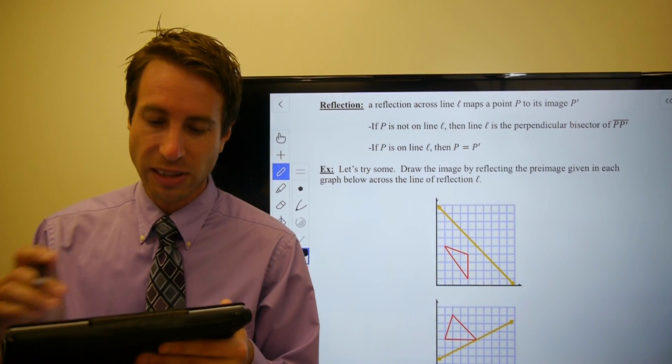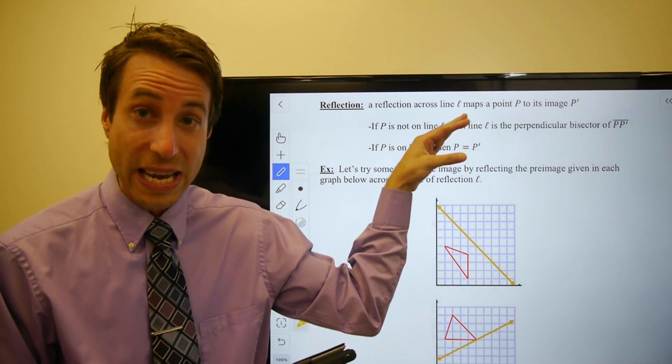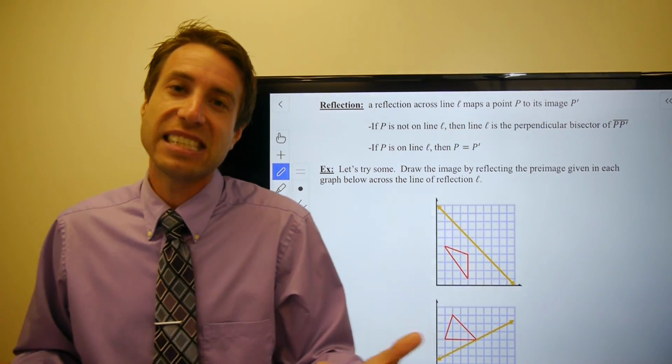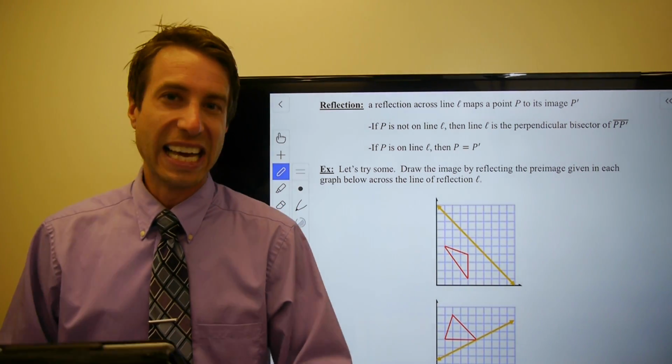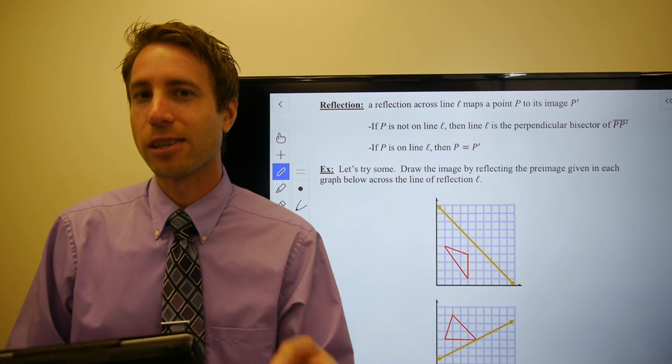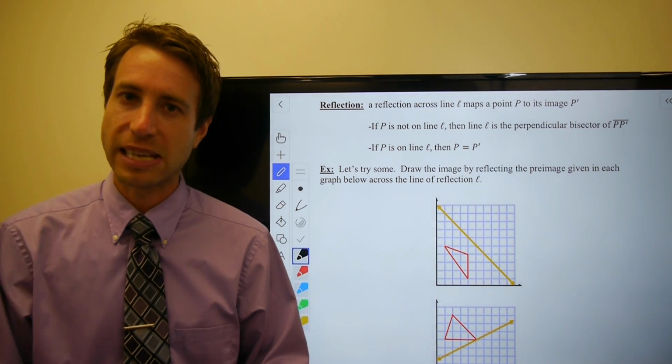First, let me sketch a little picture for you, because what's written here can seem a little confusing. Sometimes math definitions get a little wordy, and it's tough as we are beginning to learn the language of geometry to really understand what's being said.